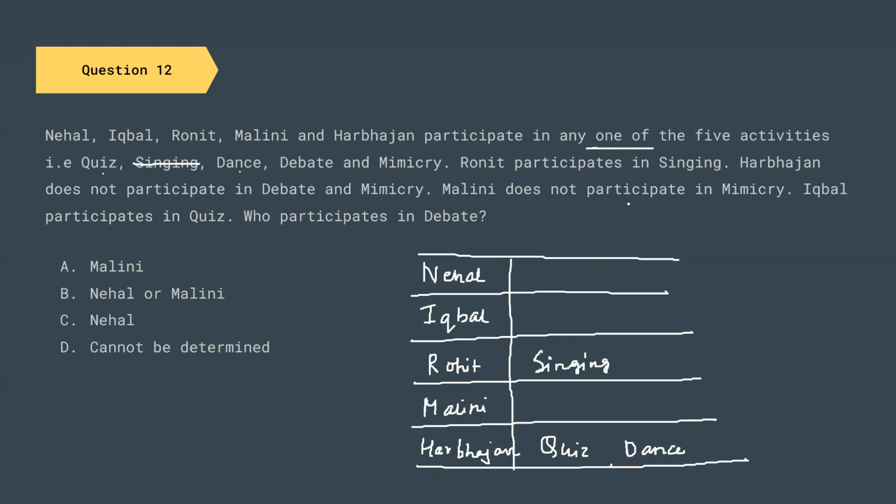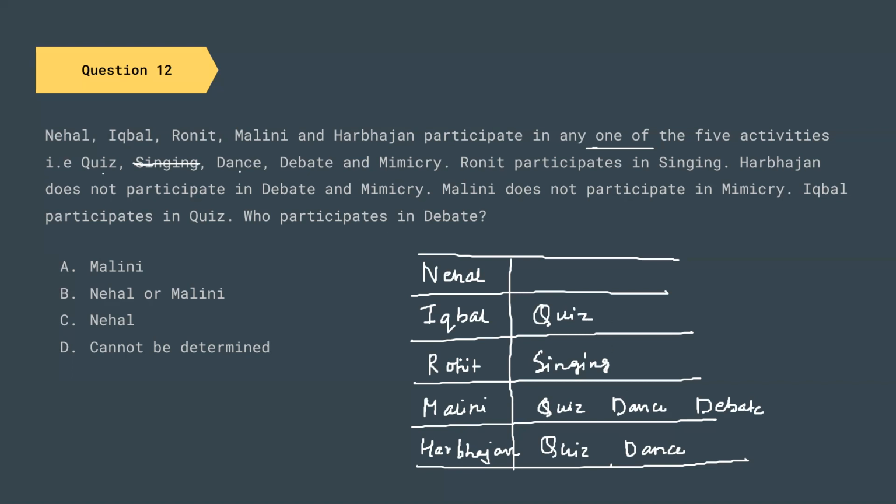Malini does not participate in mimicry. So that means Malini can participate in quiz, Malini can participate in dance, and Malini can participate in debate. So we are done with this. Iqbal participates in quiz.